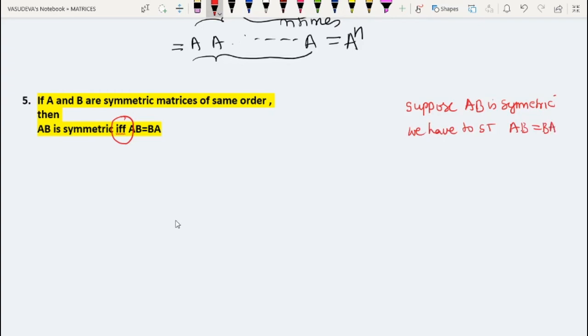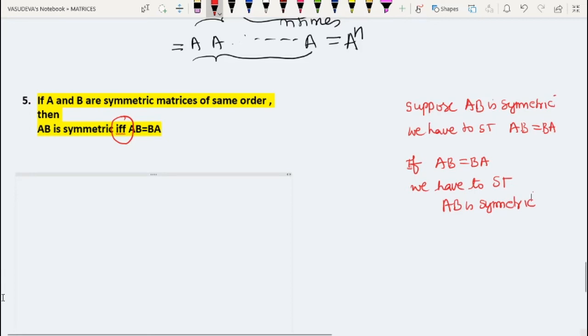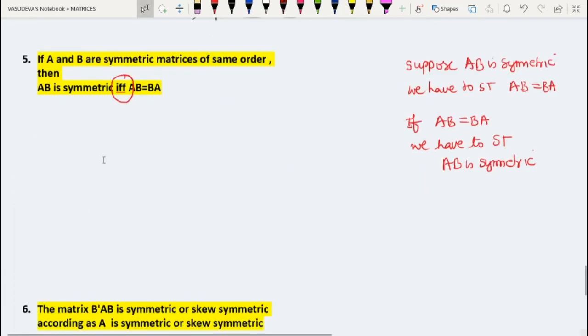And conversely, suppose AB is equal to BA, we need to show that AB is symmetric. This is how we have to show it. So now consider two cases here. Suppose AB is symmetric.